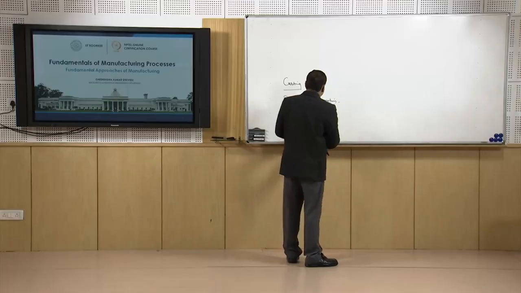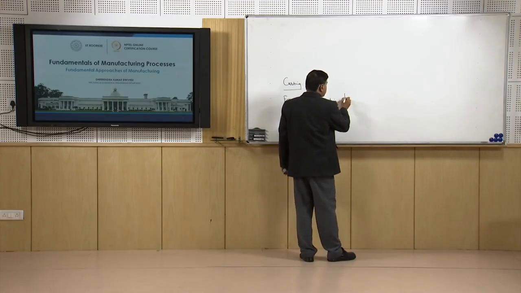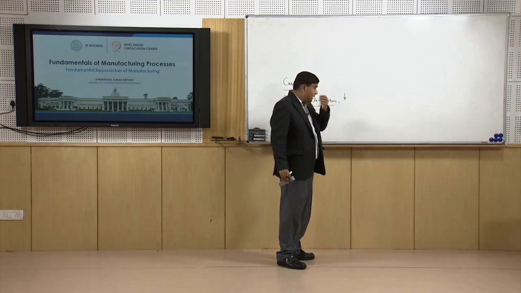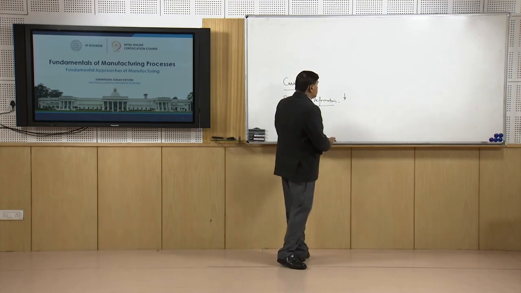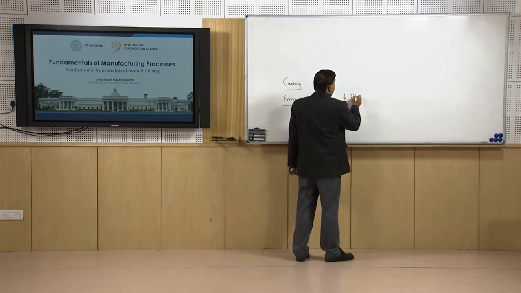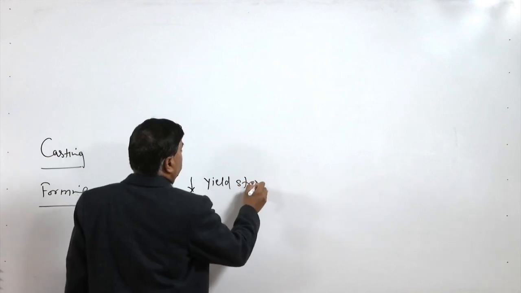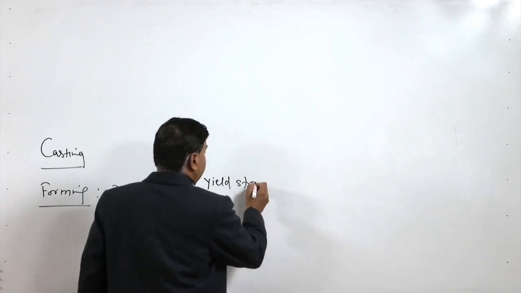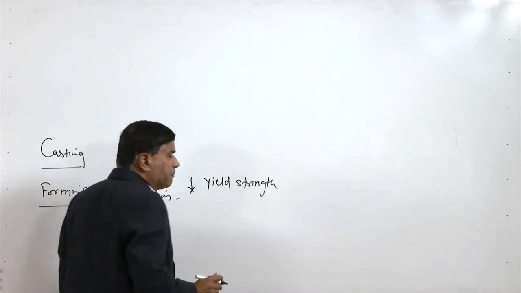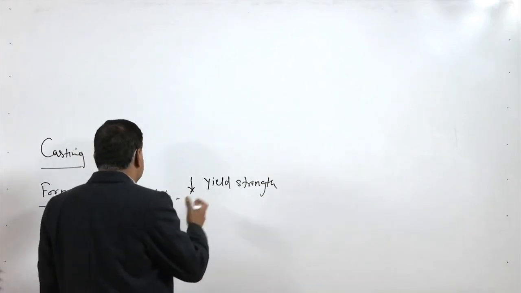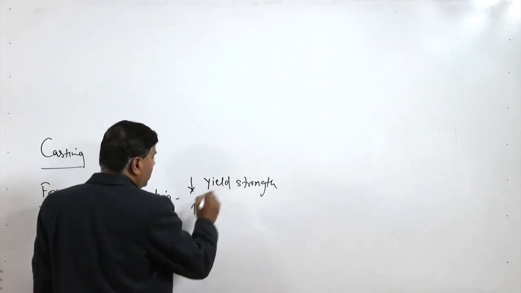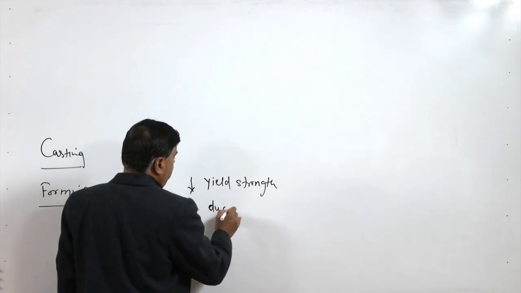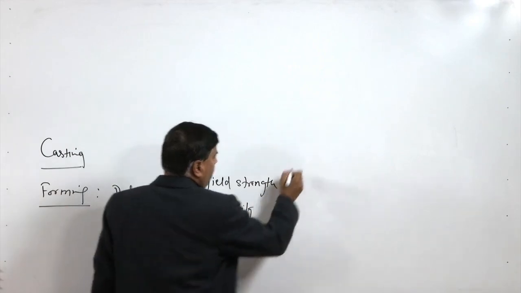So, what is important is that for this process, to get the desired size and shape by the deformation approach, the material should have low yield strength, so that you can deform it easily. So, if the strength of the metal to be processed is low, then it is good and easy to deform. And another one is elongation. Elongation or the ductility of the material should be high.